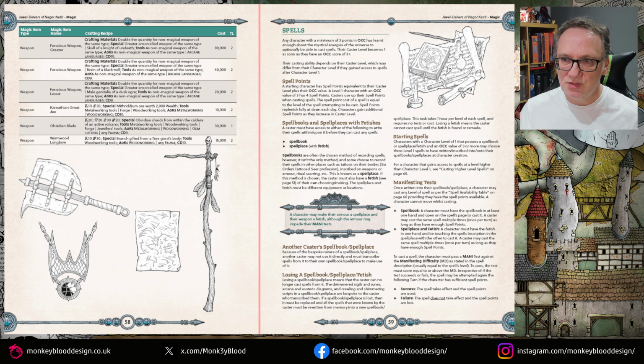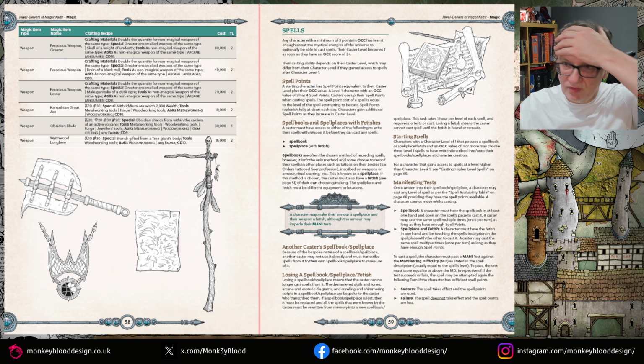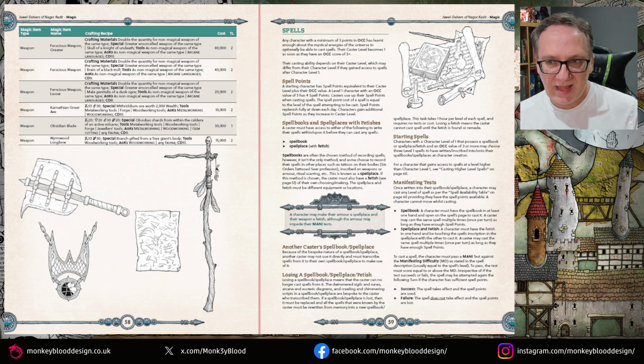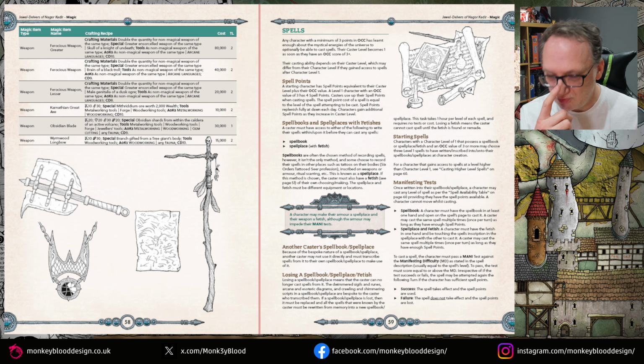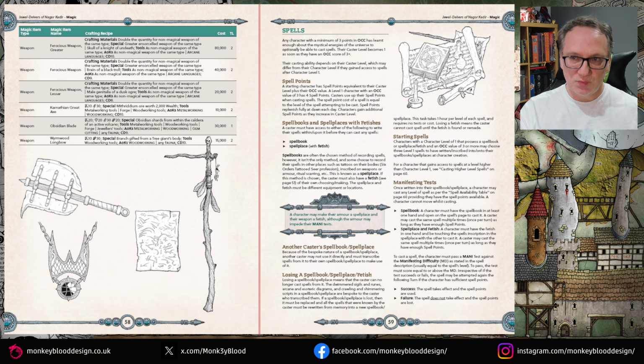So that could be tattoos or ritual scars or something like that, if they're on your leg, or on your forehead or whatever. We call that spell place. So the spell book and spell place, that's where you record your spells. The one advantage to having tattoos and scars is you're not going to lose them, but you could lose the fetish, which means you can't cast until you've got your fetish.